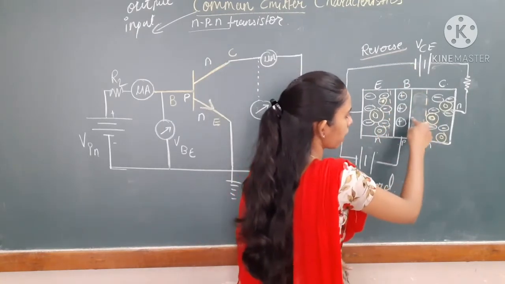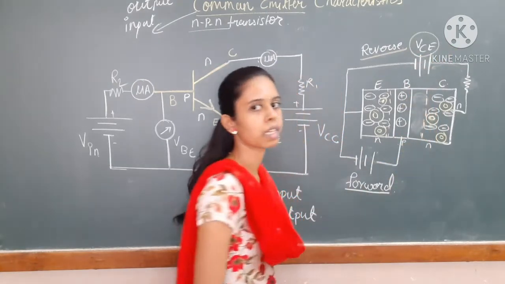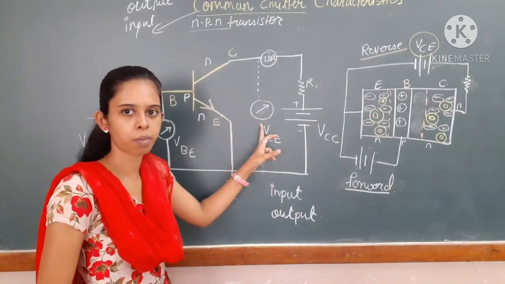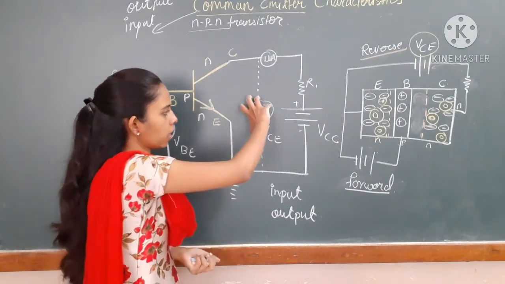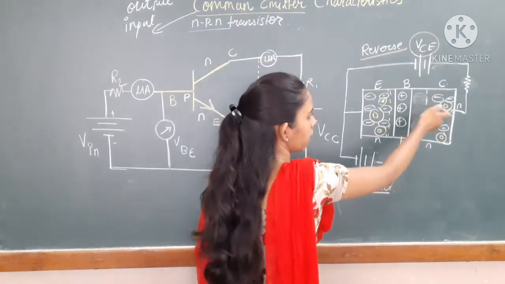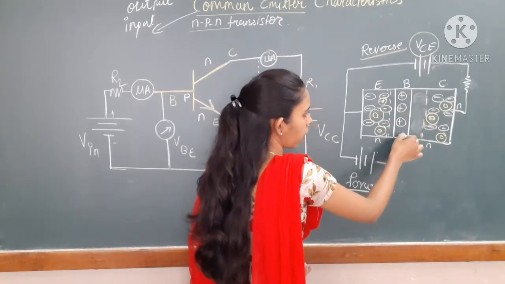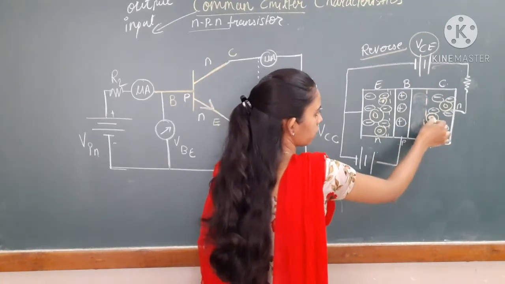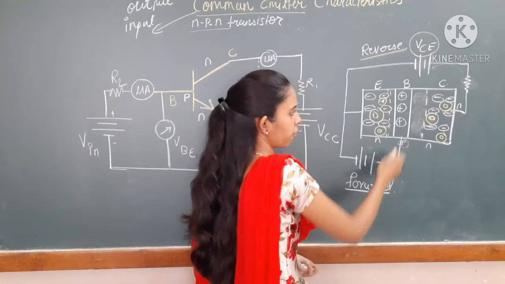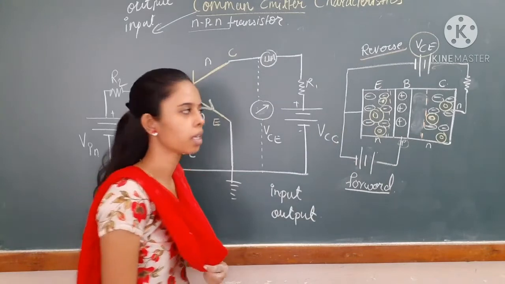They can go from here when VCE is increased. Here we have attached a variable potential, so when you increase VCE, the minority carriers can pass through the junction and reach the base. The number of holes increases, and therefore the current also increases.